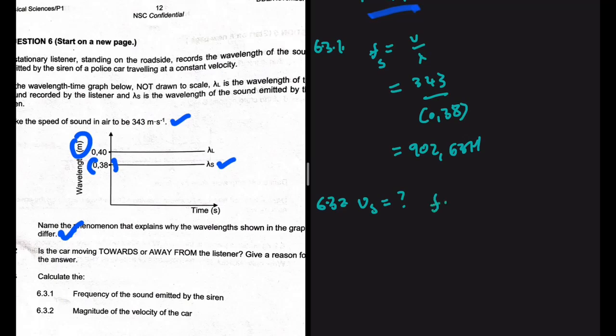We have the frequency of the sound source because we have calculated it. We have the speed of sound in air, it is just V. It is given to us, right? So we are looking for Vs. We have VL because the listener is stationary, which is 0. And then what about the frequency observed by the listener?